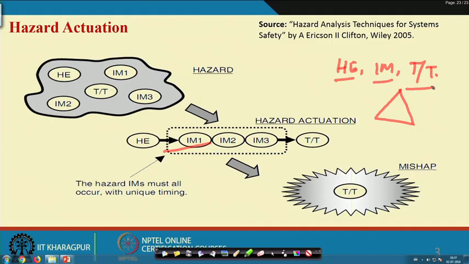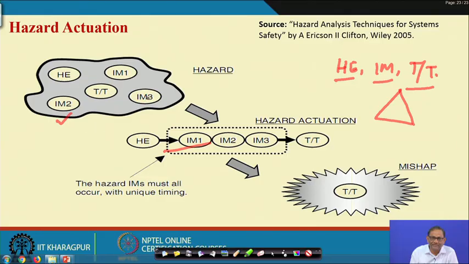Now, see, when there is no accident, what is the condition? The condition is like this. That means, when you do some work, any job, any operation, any process, there are hazards, targets, threats, initiating mechanisms.